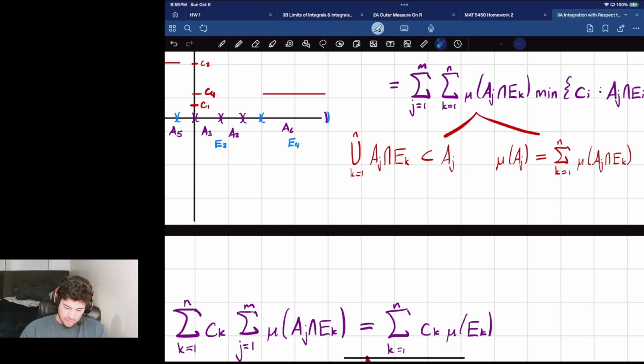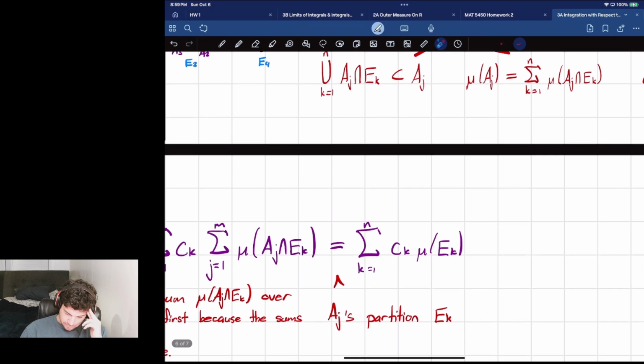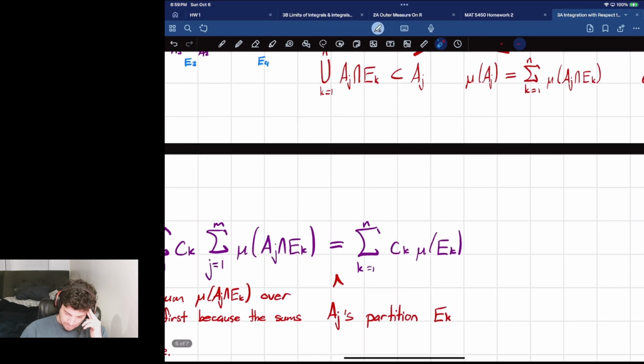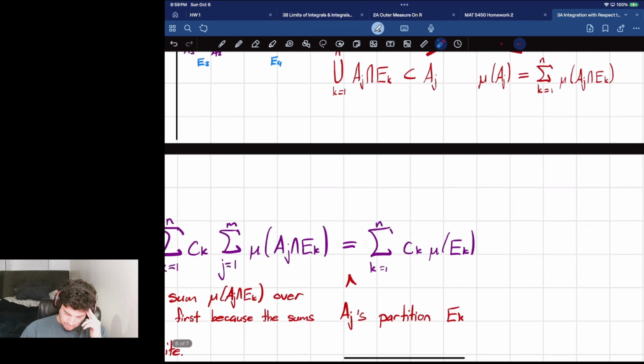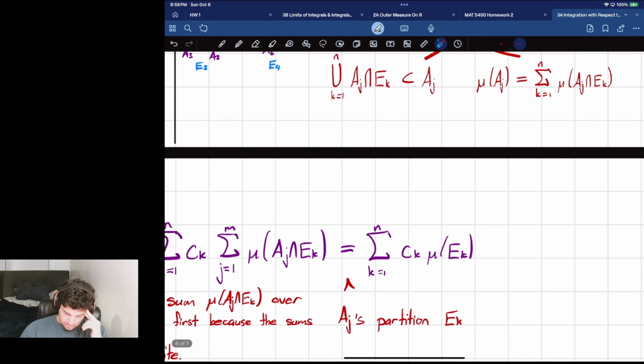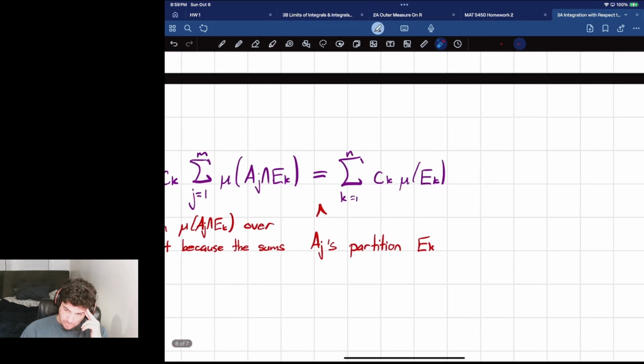So if we take the union, they should also be contained in Aj. Yeah, finite additivity of disjoint sets.